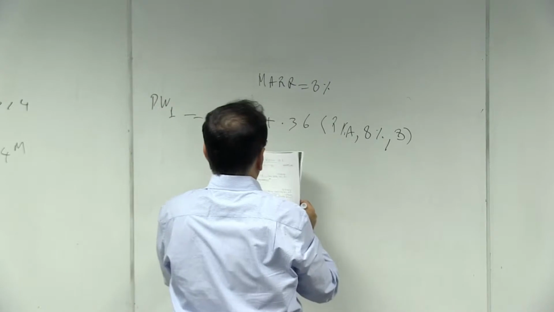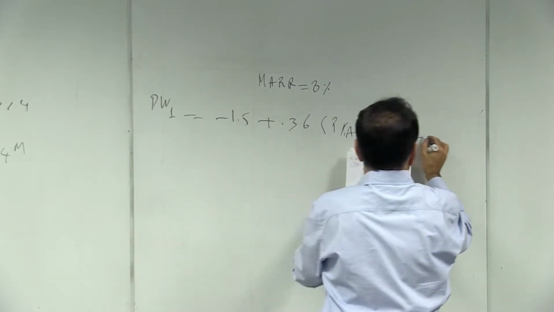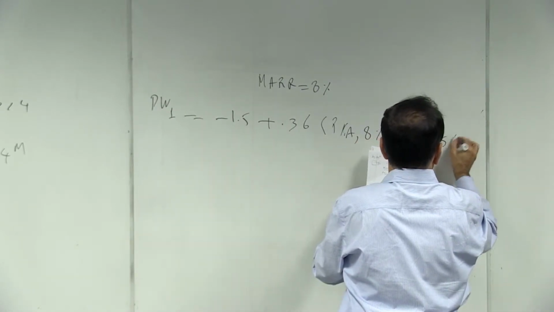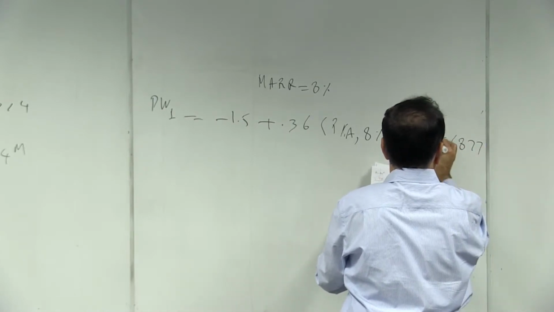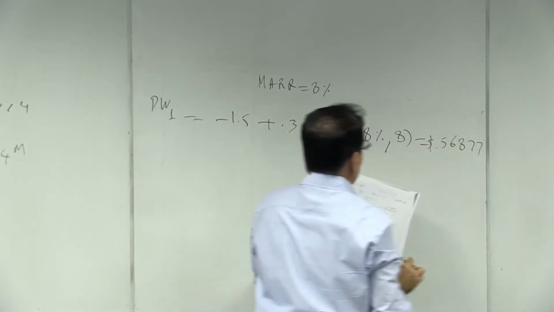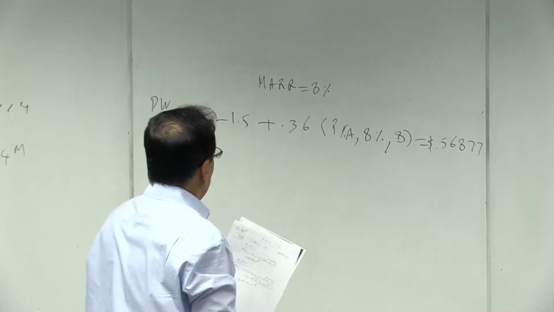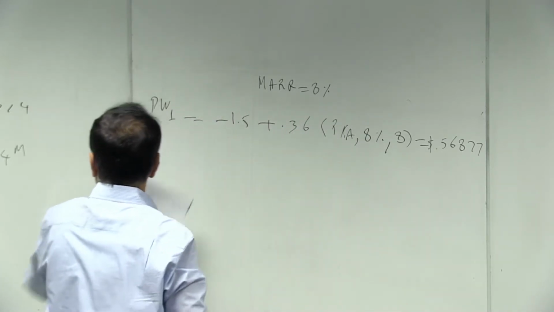If you substitute the numbers, you're going to get 0.56877 million. Everything is in millions. So that's the present worth of bundle number 1 here.